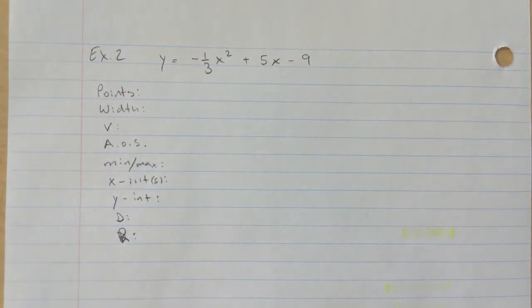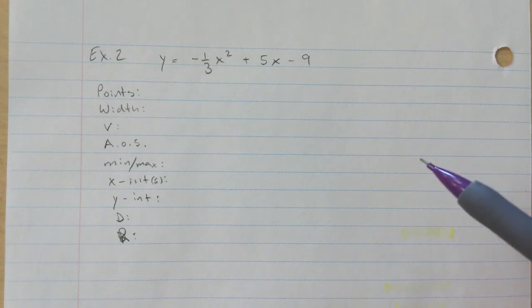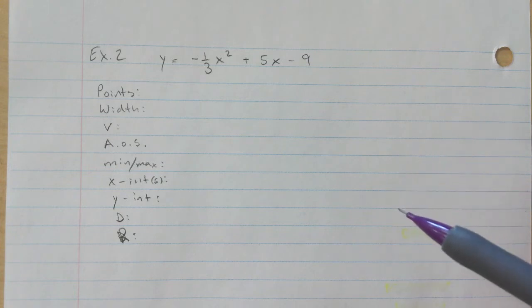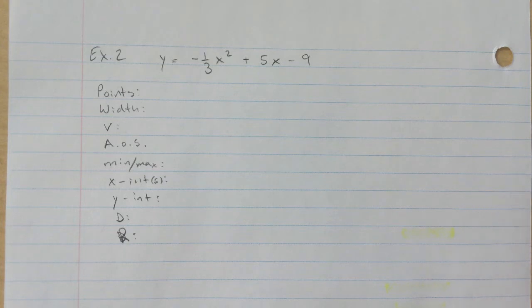Domain and range. So for all of the ones that I'm going to be doing with you, I'm going to basically ask you to fill out one of those. Window is optional, right? You know what?